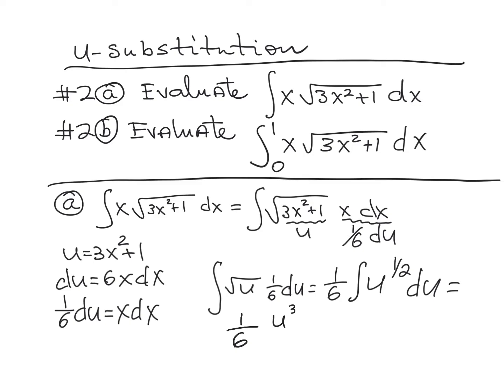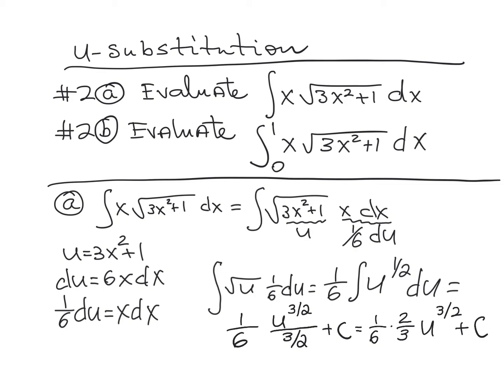So this is 1/6 u to the 3/2 over 3/2 plus c, or we can rewrite this as 1/6 times 2/3 u to the 3/2 plus c.